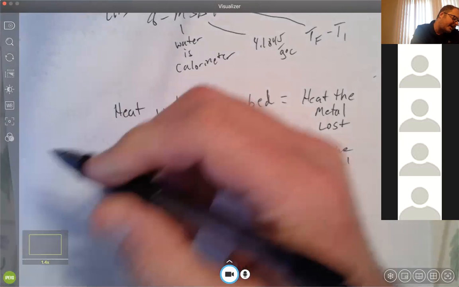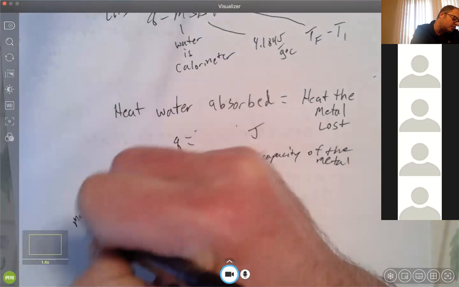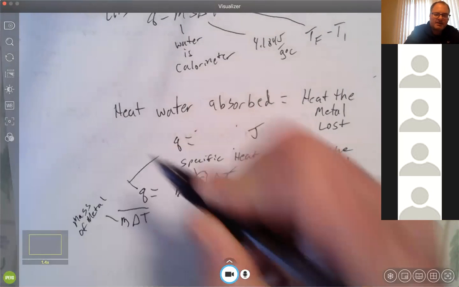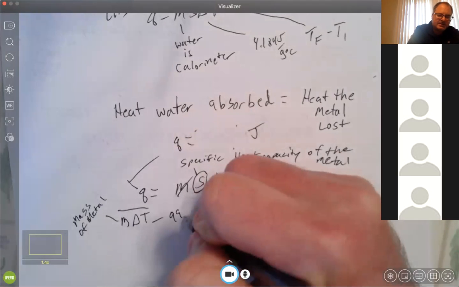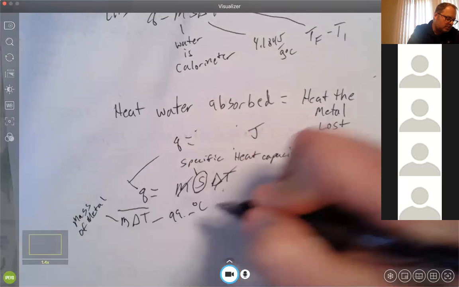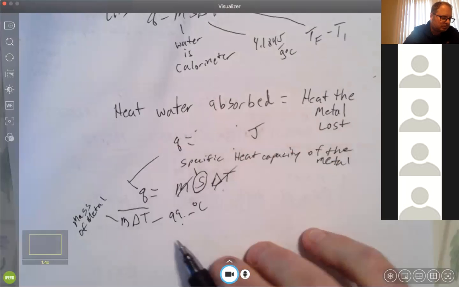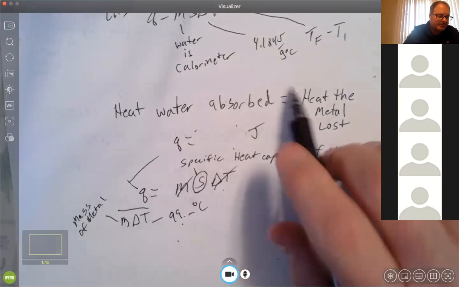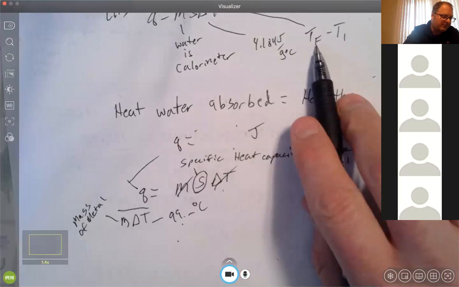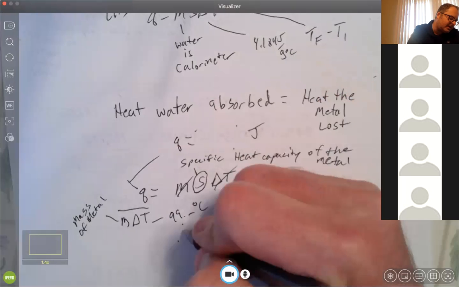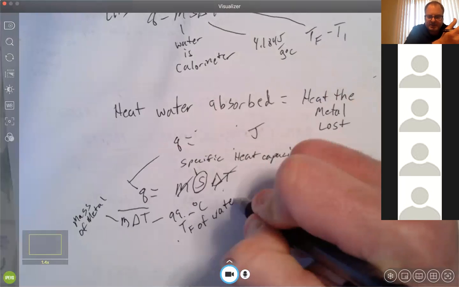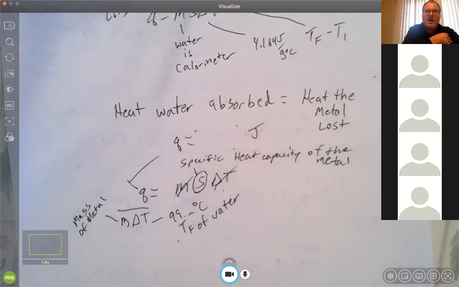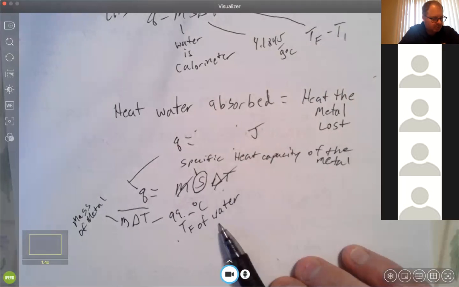You know the mass of the metal, and the metal's change in temperature was from the boiling water, 99 point something, and it went down to the same final temperature as the water, because as those two things sat by each other, and their atoms were touching the molecules of water, they equalized at the same temperature.